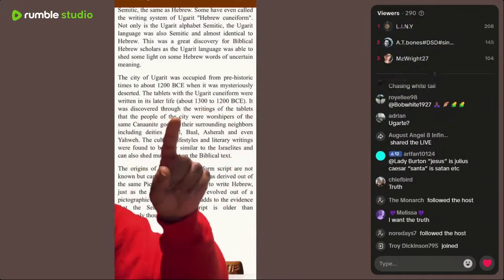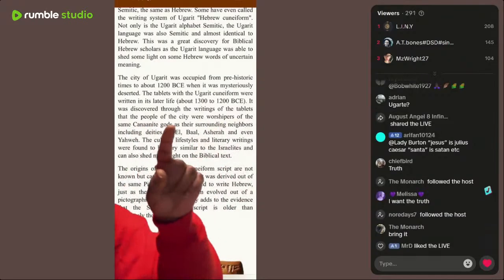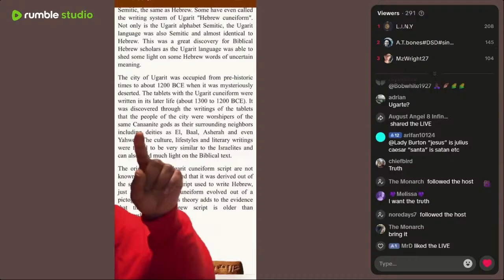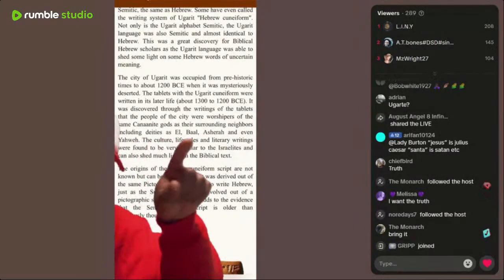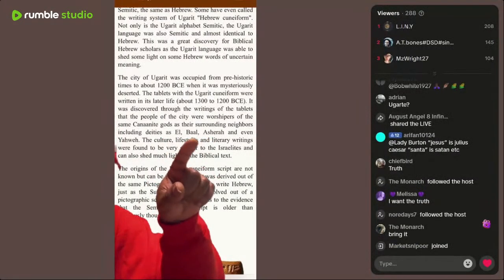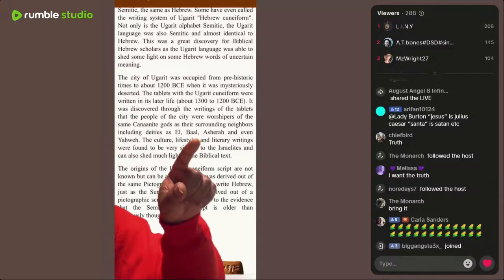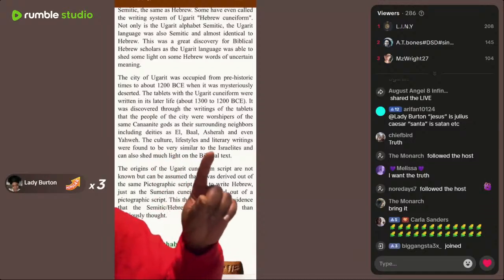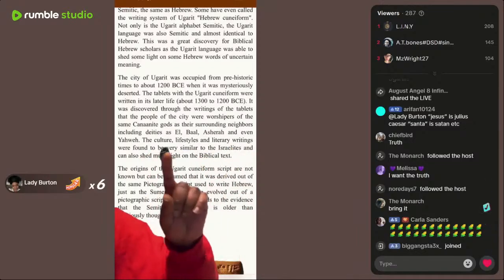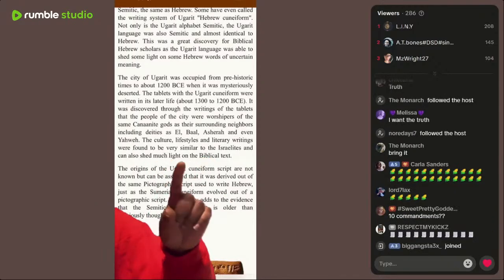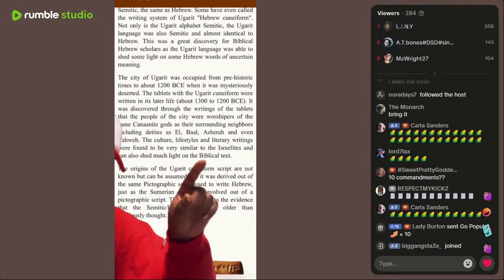It was discovered through the writing of the tablets that the people of the city were worshipers of the same Canaanite gods as their surrounding neighbors, including El, Baal, Asherah, the mother goddess, Baal, the Lord or the master builder, and even Yahweh. The culture, lifestyle, and writing were found to be very similar to the Israelite and can also shed much light on the biblical texts.